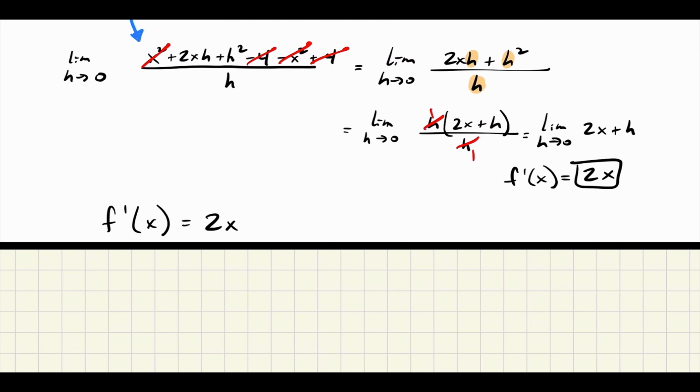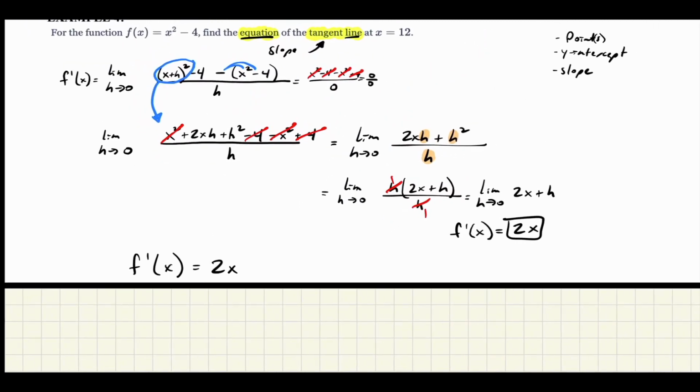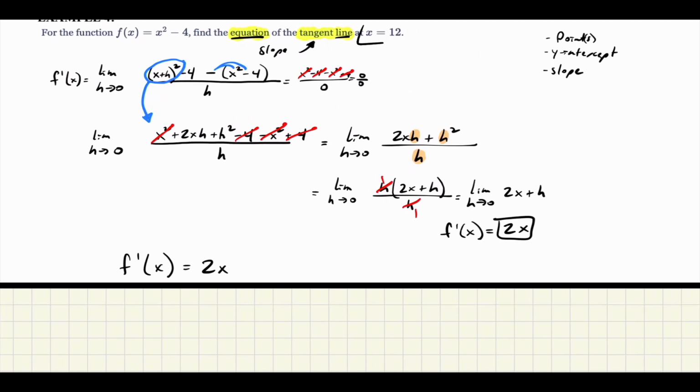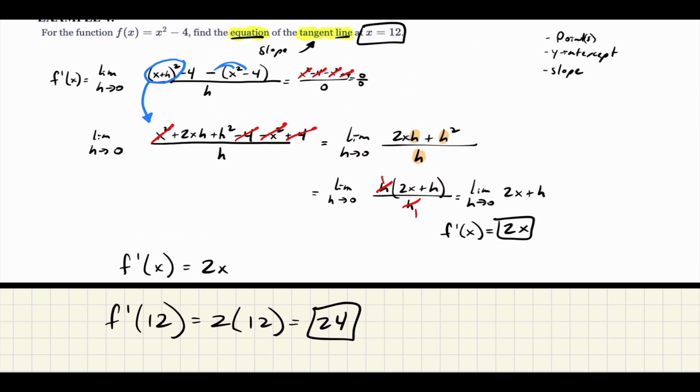I need to find the slope at positive 12. So I'm going to plug in 12, and I get 24. That means the slope of the tangent line at 12 is 24.